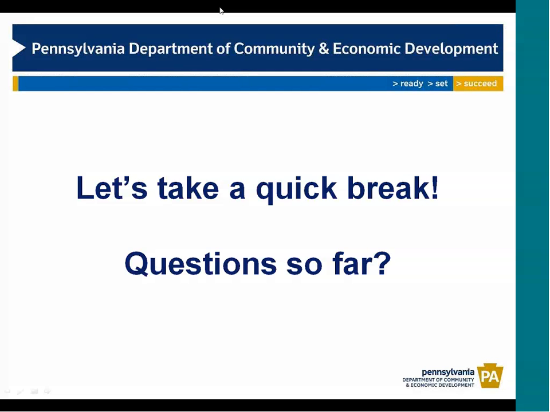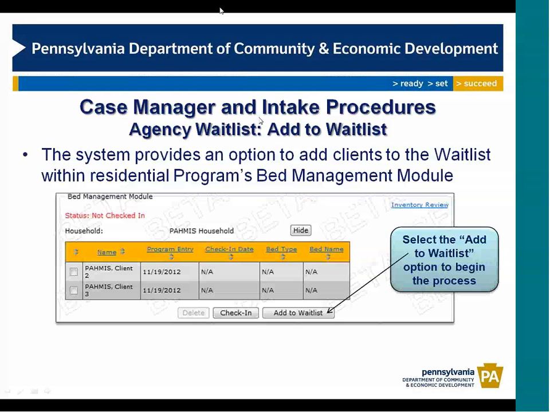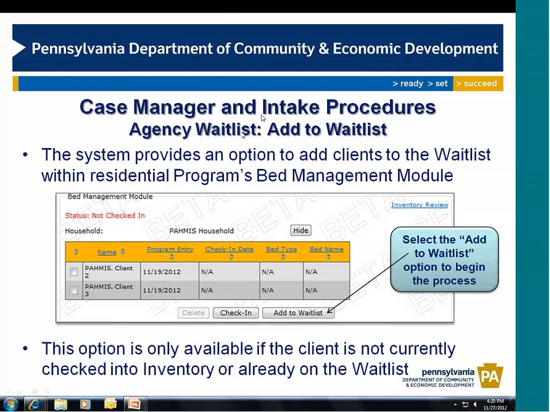When you click this button, it takes you to that client's add to waitlist tab on the referrals waitlist screen. So it's more of a basic add to waitlist feature that can be done there.